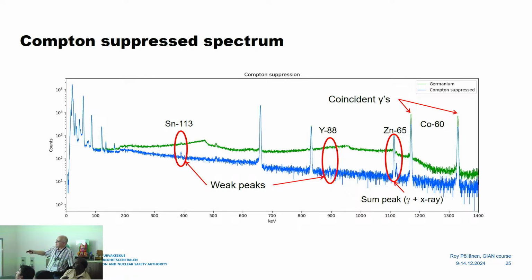And perhaps we can see weak signals much more easily. This is the idea for Compton suppression. Not very difficult.